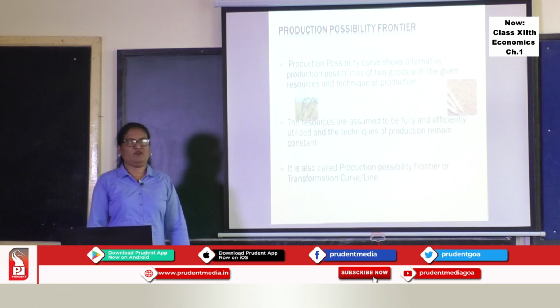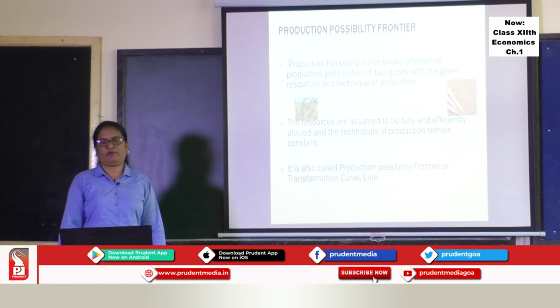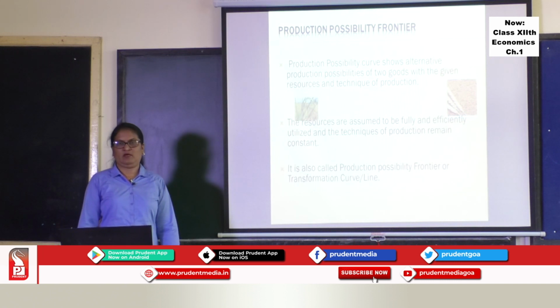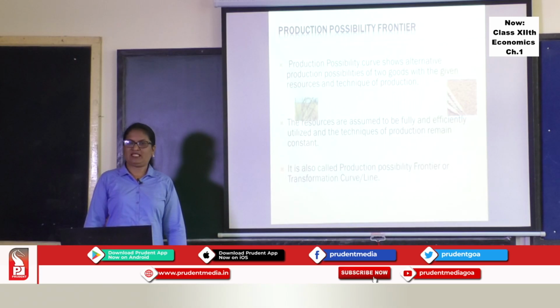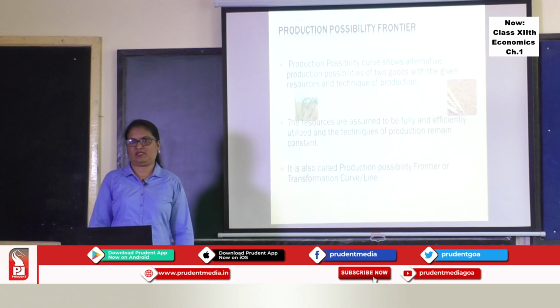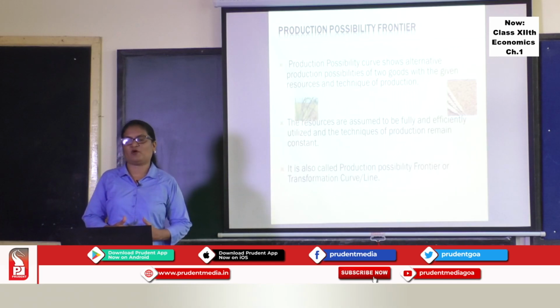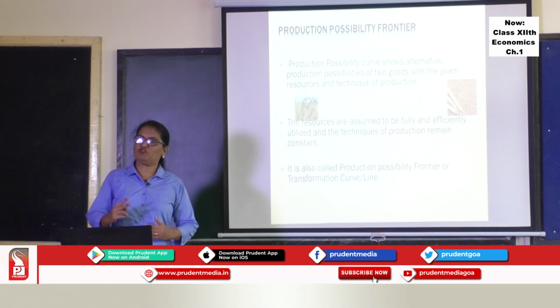The statement of the production possibility frontier: it is a curve showing alternative production possibilities of two goods with the given resources and the techniques of production. It's a curve. It shows alternative production possibilities of two goods.